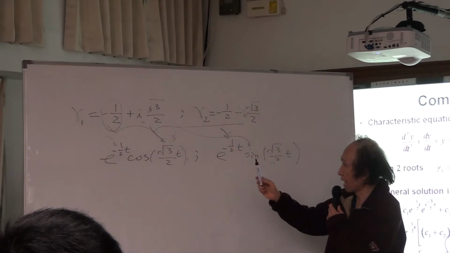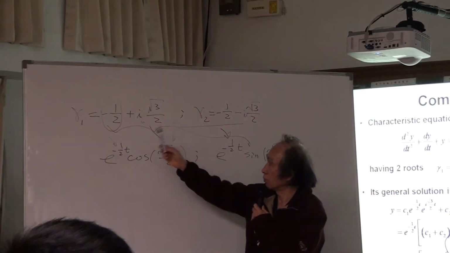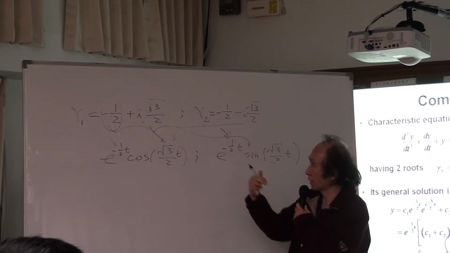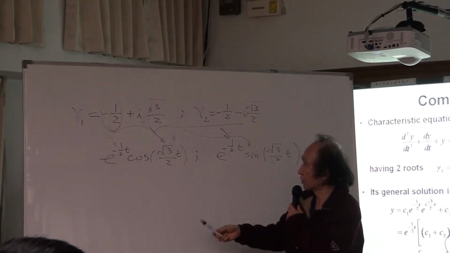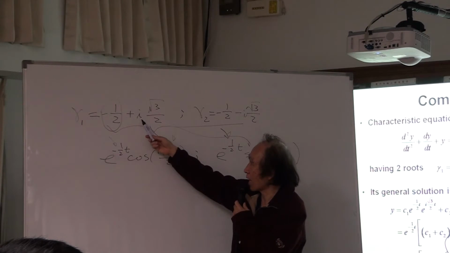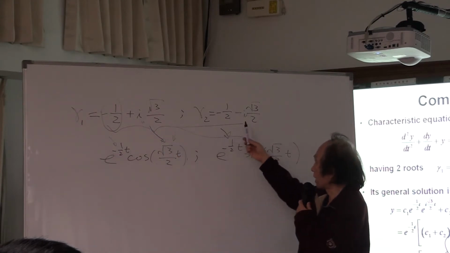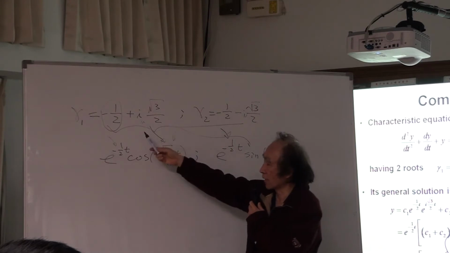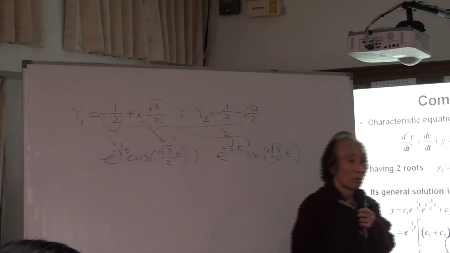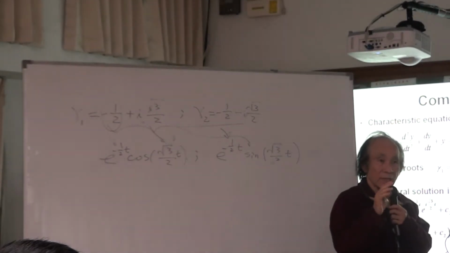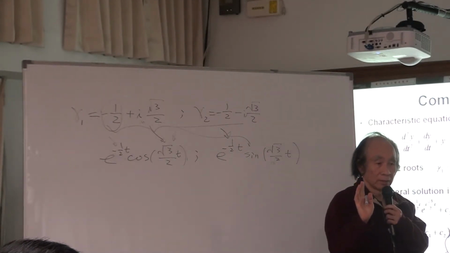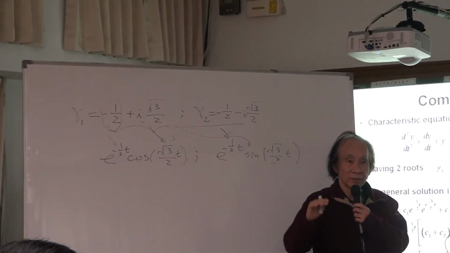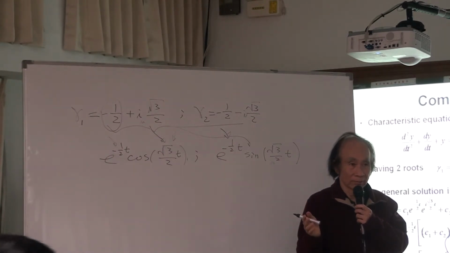Now we have to note that the roots gamma 1 and gamma 2 always come as a pair. In other words, if you have plus i, you also have a minus i. So gamma 2 is always the conjugate of gamma 1. They both come as a pair. You cannot have one alone because a real system doesn't have a complex response.